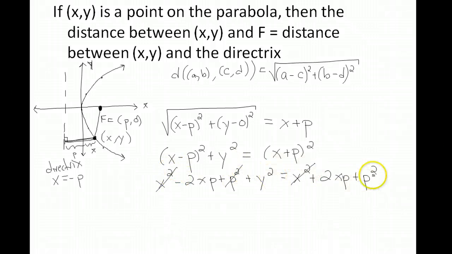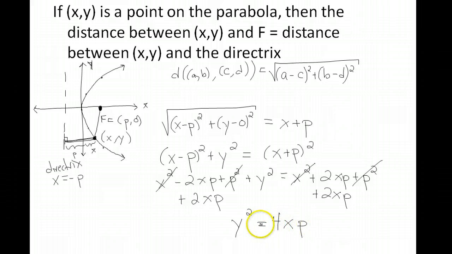The p squareds are gone. Again, if I'm going too fast, pause the video, right? And what am I left with? Well, actually, I can make this look nicer, couldn't I? I could actually add this 2xp to this side and get something that looks familiar. y squared equals 4xp.